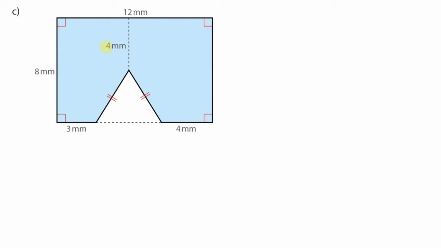Yes, so let's have a look at number C. So I see here we have 12 millimeters, here we have 3 and 4. So 3 and 4 is 7. So what's this? Yes, 12 minus the 3 minus the 4. 12 minus 7 is 5 millimeter. So we know this is 5 millimeter.